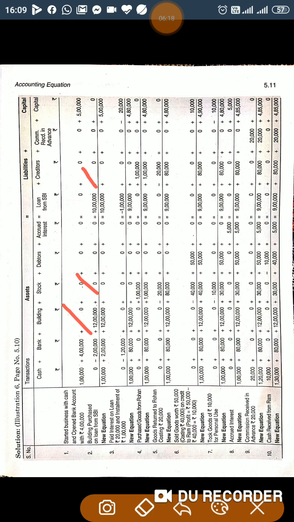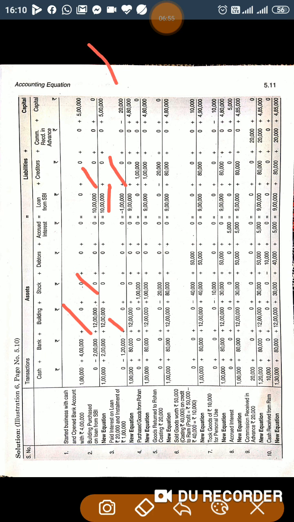Now next transaction is paid interest on loan 20,000 and installment of rupees 1 lakh. So total payment is 1,20,000 and it is paid through cheque, that is bank. So bank balance will be decreased by 1,20,000, and loan is decreased. The loan has a balance of 10 lakh. Now one installment of 1 lakh is paid out, so loan is decreased by 1 lakh, and there is interest paid on it, 20,000, which is an expense for the business.